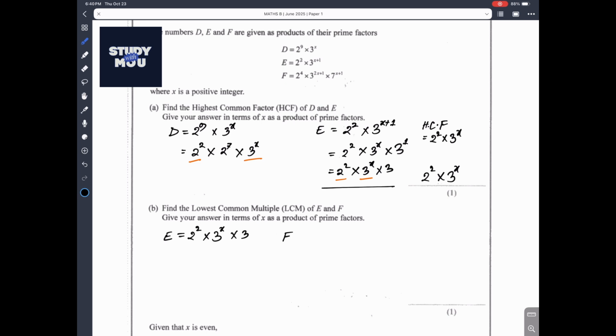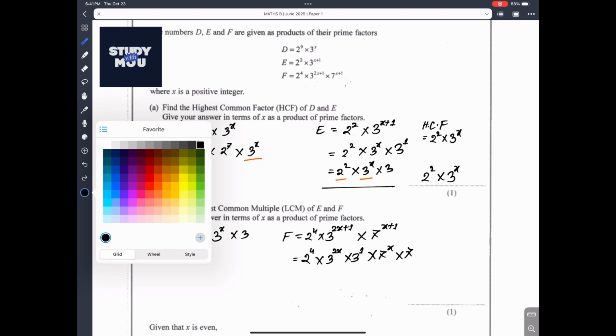And F is equal to 2 to the power 4 multiply 3 to the power 2x plus 1 multiply 7 to the power x plus 1. Let's expand F: 2 to the power 4 multiply 3 to the power 2x multiply 3 to the power 1 multiply 7 to the power x multiply 7 to the power 1, or we can just simply keep it 7.